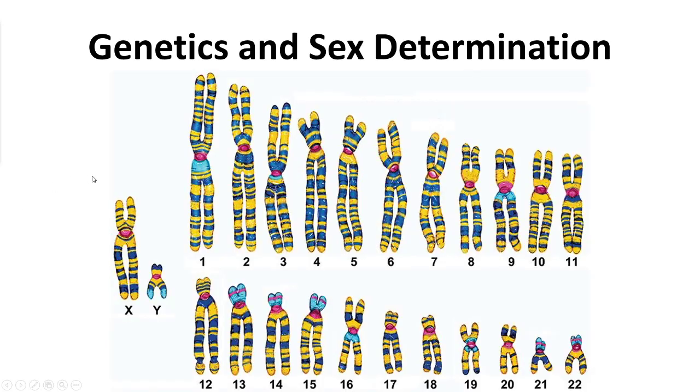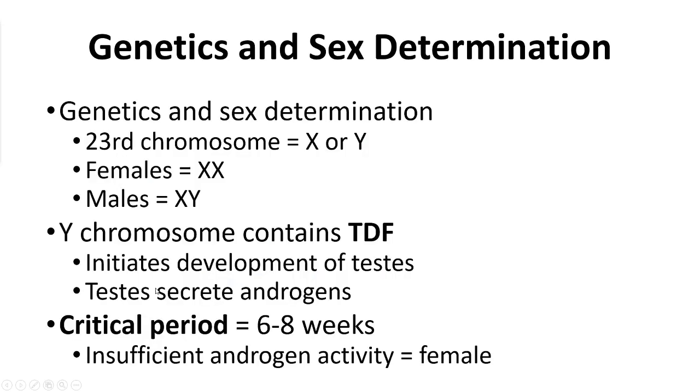We can look at our karyotype here, where we have all of the different chromosomes from 1 to 22 for our somatic, or non-sex, chromosomes. And then our 23rd pair has a couple of options. You can either have an X or a Y, depending on your genetics.